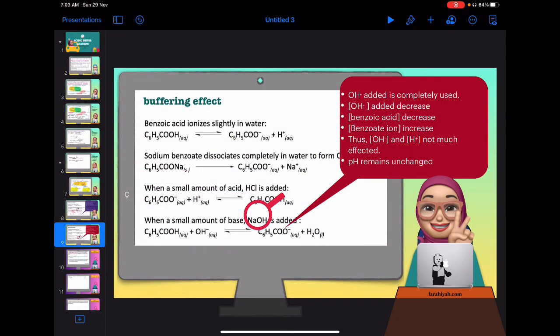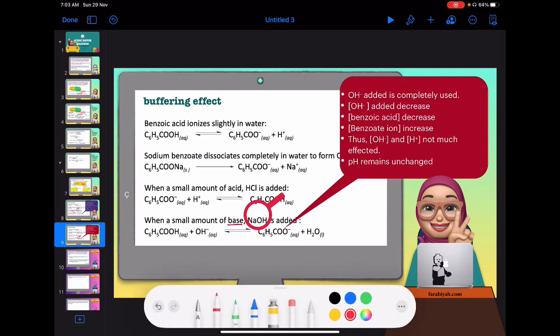When a small amount of base is added, the hydroxide ion is completely used and its concentration will decrease. And the concentration of benzoic acid also will decrease and the benzoate ion will increase.